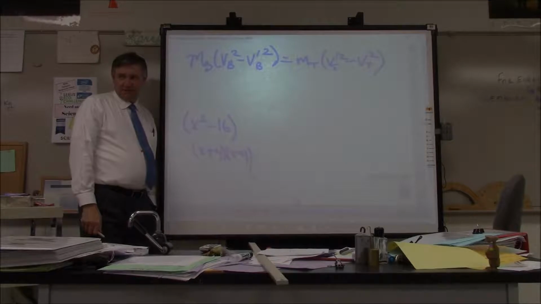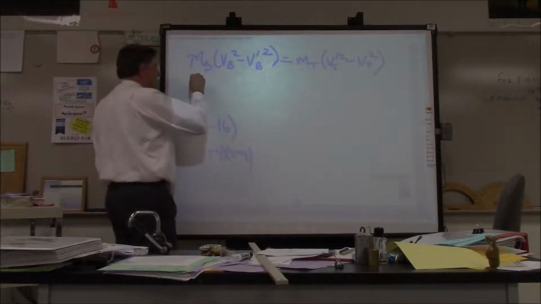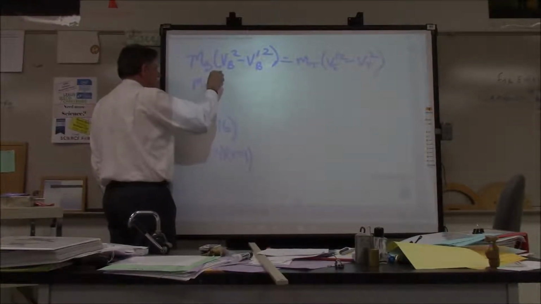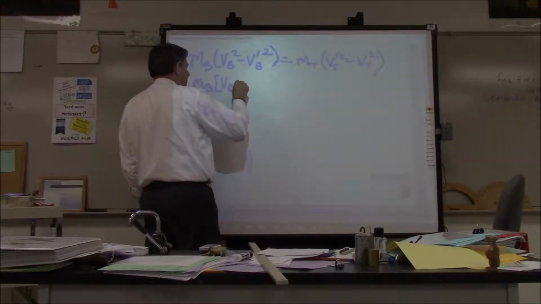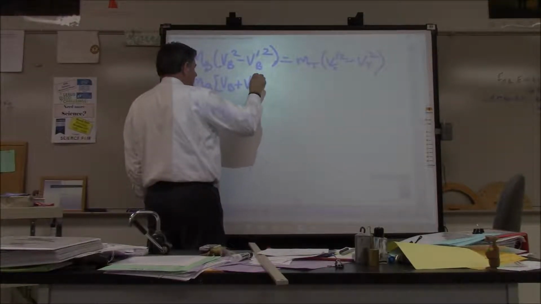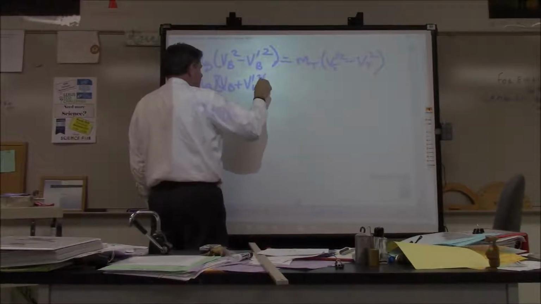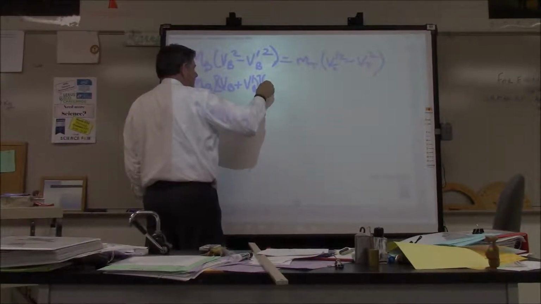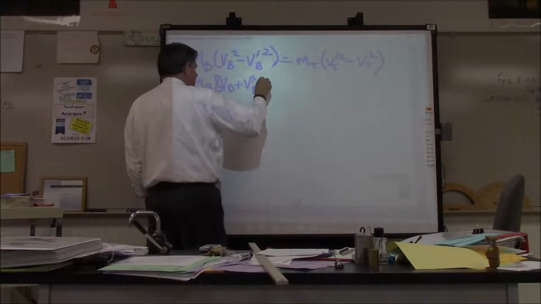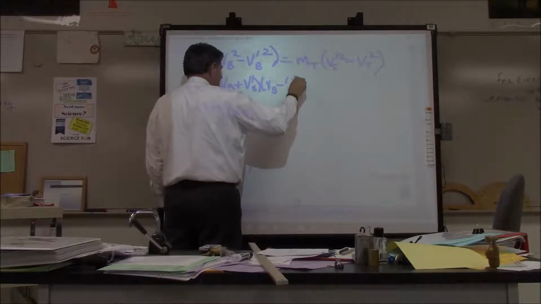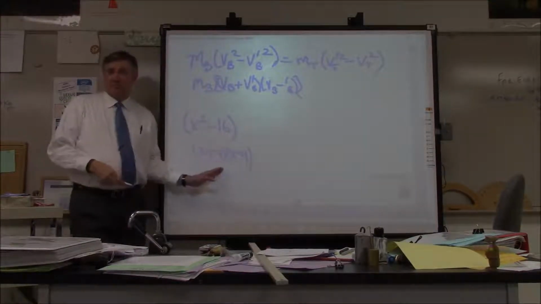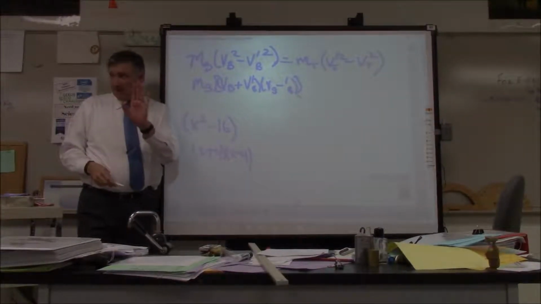Yeah, it is, right? So I can sit here and go, okay, well I can write this as the mass of the bullet times the velocity of the bullet plus the new velocity of the bullet, times the velocity of the bullet minus the new velocity of the bullet. Okay, so all I did was just the same thing that you did here. Not a big deal.